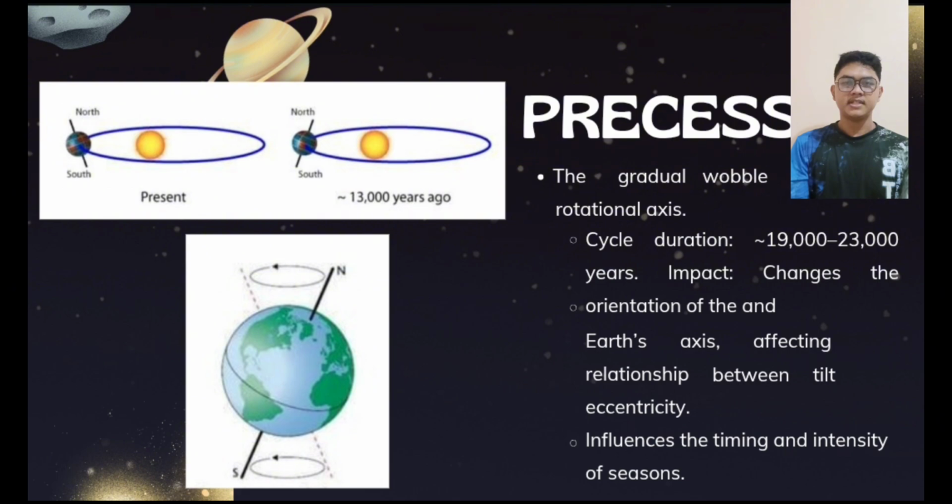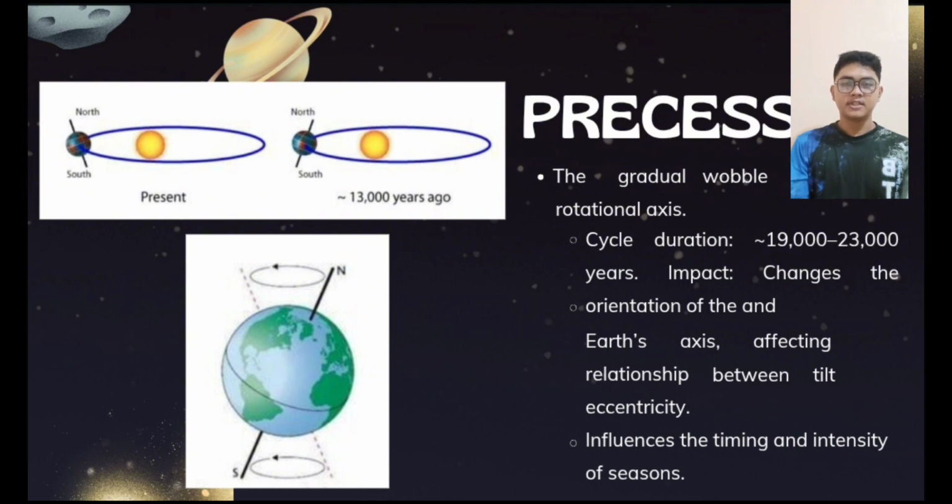Next is the precession. So what is precession? Precession is the gradual wobble of Earth's rotational axis. Cycle duration of 19 to 23,000 years.